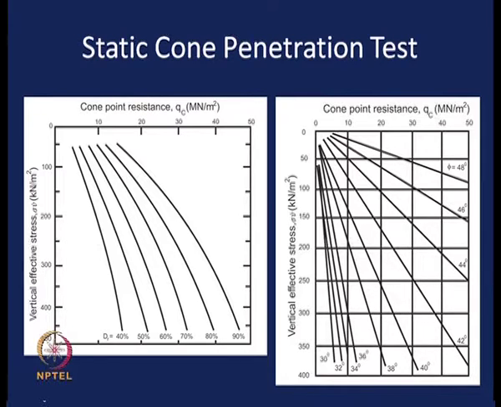Similarly, for cone resistance 30 and stress 200, the corresponding phi value is between 44 degree and 41 degree, so it is around 43 degree. So, using this chart, if we know the cone resistance, we can determine the phi value and the relative density of granular soil.